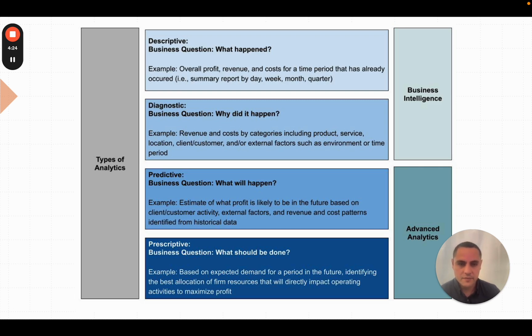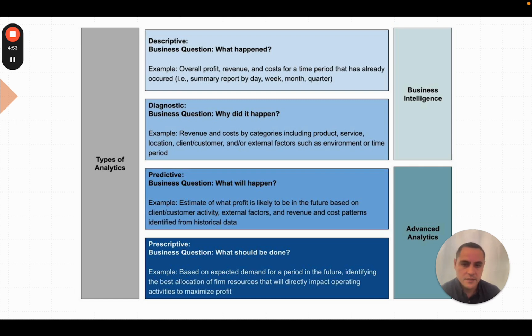Under descriptive, we might be able to figure out what happened, right? We might use some historical data to summarize overall profit, revenue, and maybe cost for a specific time period that has already occurred. That might be a summary report by day, week, month, or quarter.